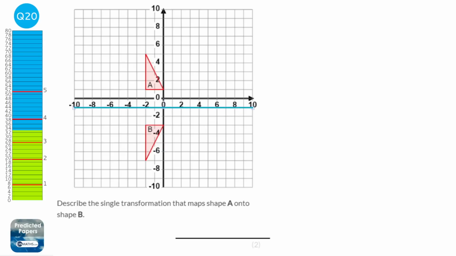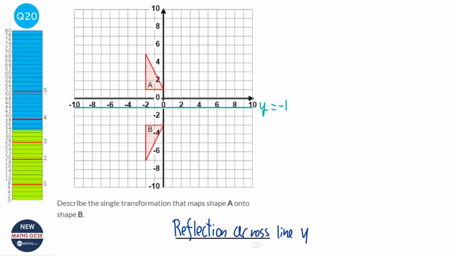And everywhere along that line, y is equal to minus 1. So we call it the y equals minus 1 line. So it's going to be a reflection across the line y equals minus 1.